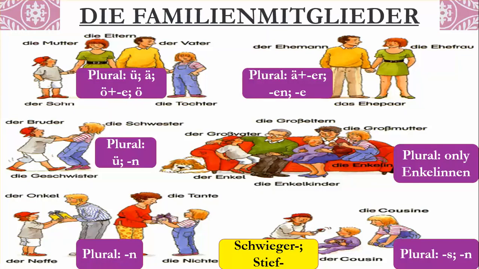Schwiegermutter is the mother-in-law. And we will add Stief to mean step. Like stepfather will be Stiefvater. Stepmother will be Stiefmutter, and etc. So now you see that there are so many compound nouns in the German language.